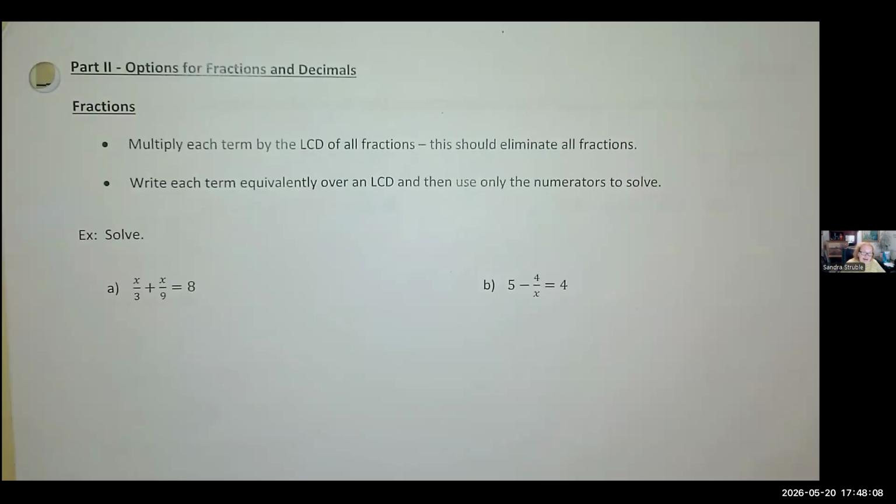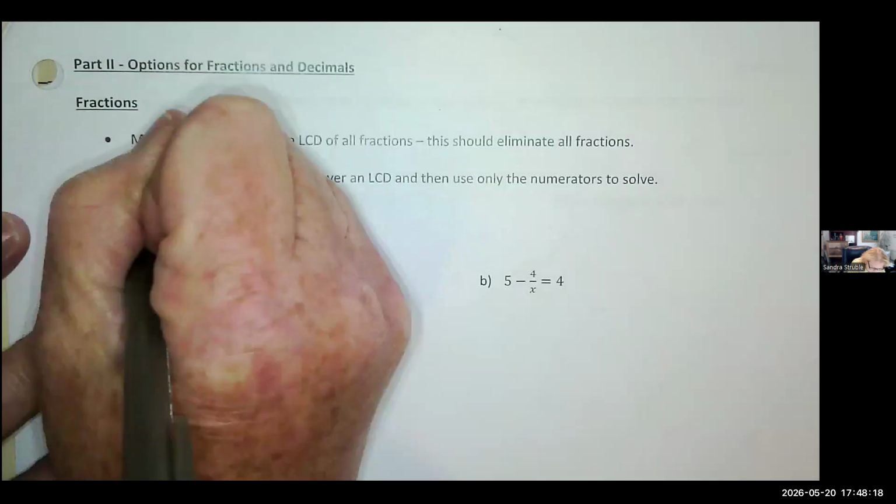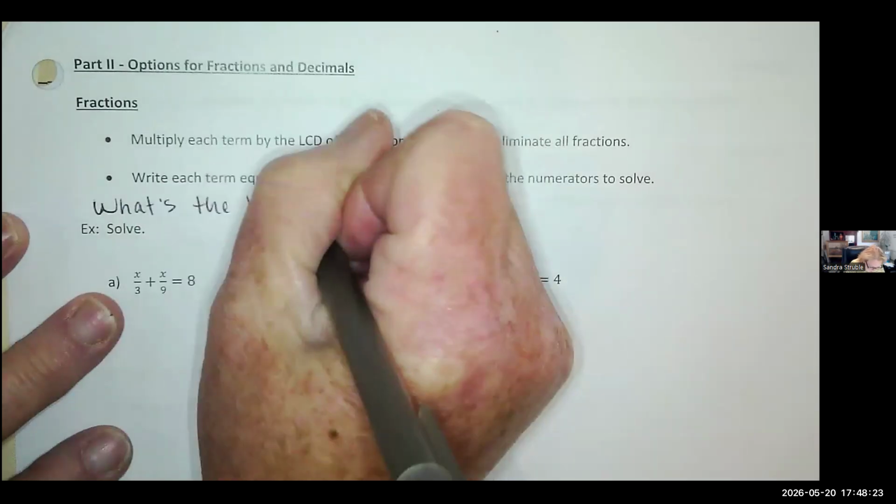And the best way I like to say this is, what's the lowest number, I could say term, but we're going to use number.